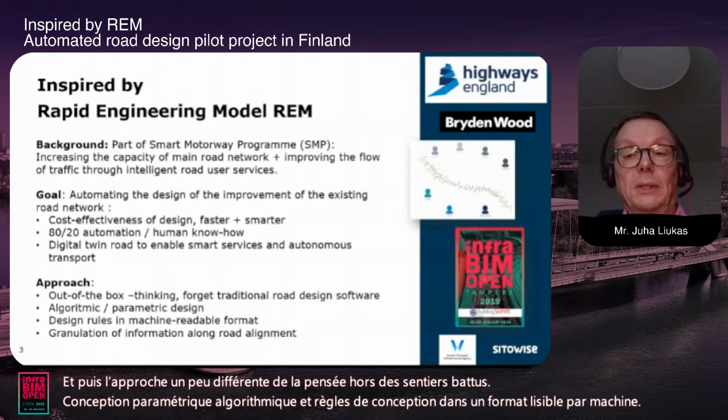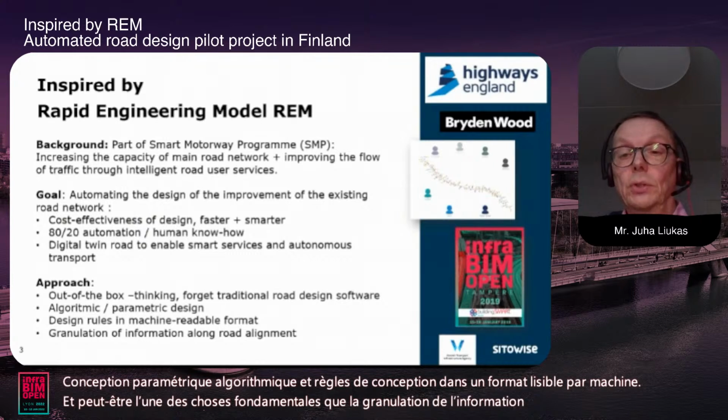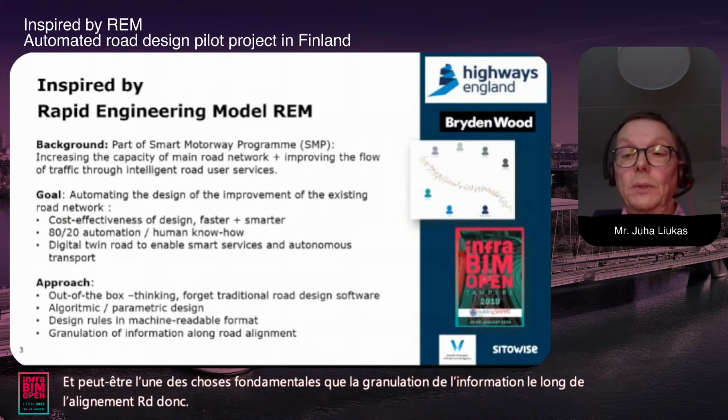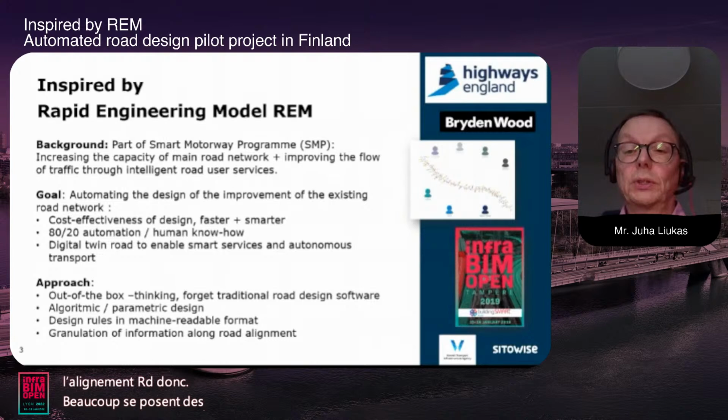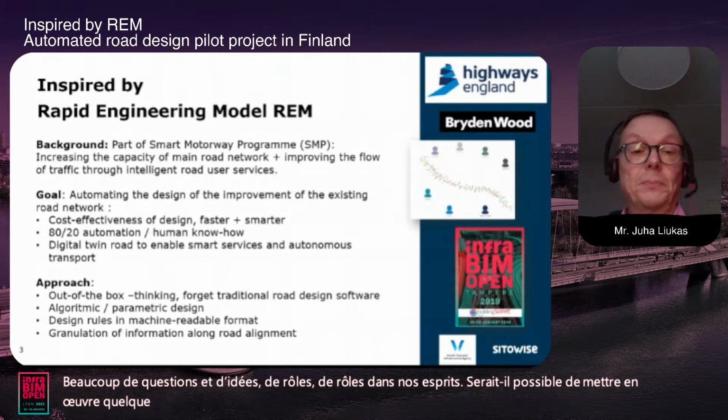And maybe one of the core things, the granulation of information along the road alignment. So many questions and ideas rose in our minds. Would it be possible to implement something like that also in Finland?